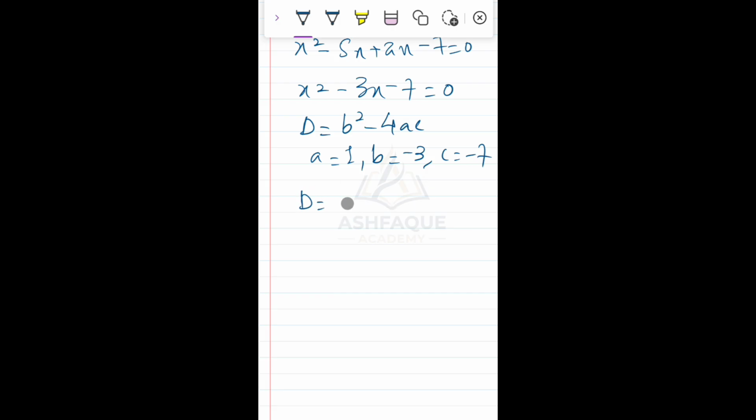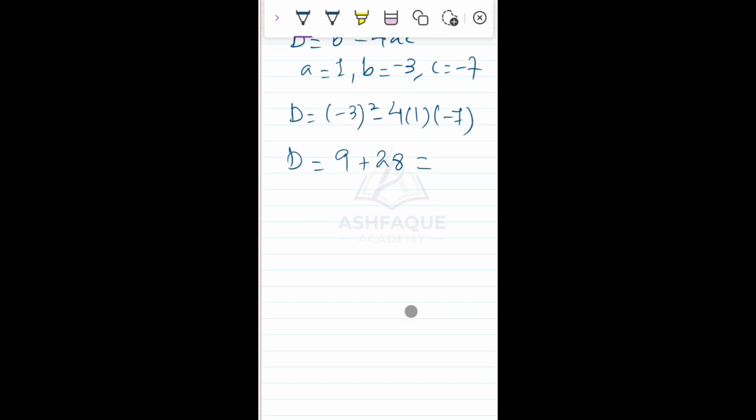So we will put the values: minus 3 whole square minus 4 into 1 into minus 7. So 3 3s are 9, minus minus plus 4 7s are 28. It will be 37.